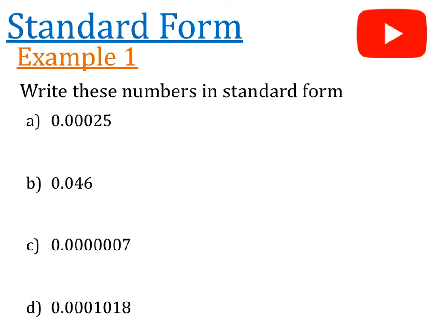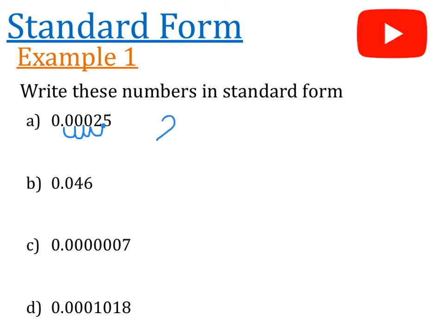0.00025. Now remember, in standard form, I want the number to be somewhere between 1 and almost 10. So the number 2.5 is somewhere between 1 and almost 10. So I need to see how many places the number has to move in order for it to look like that. If I start here, I've got 1, 2, 3, 4 places that it has to move.